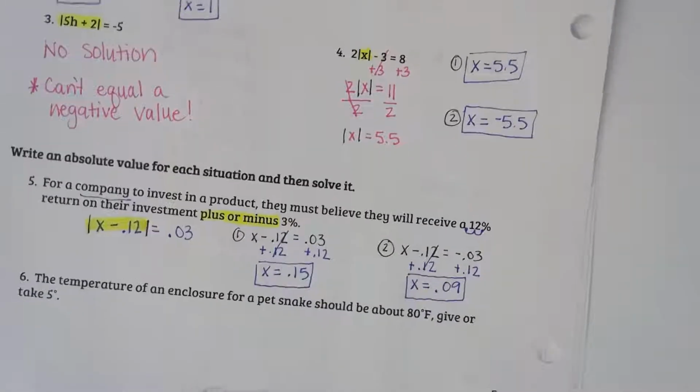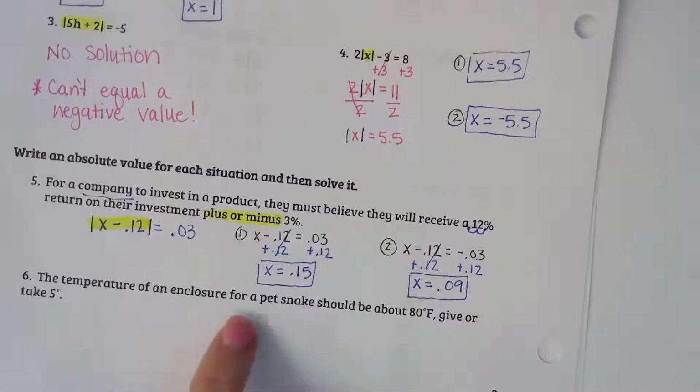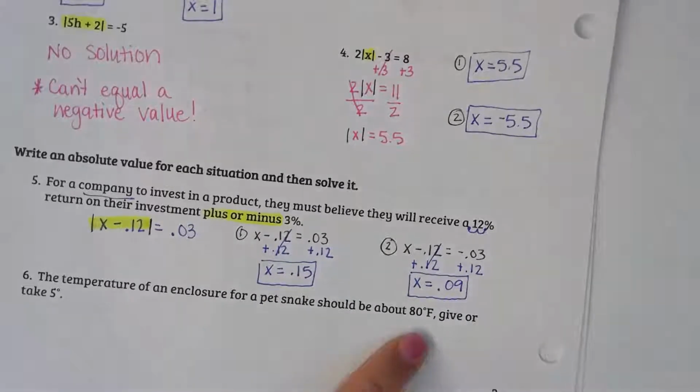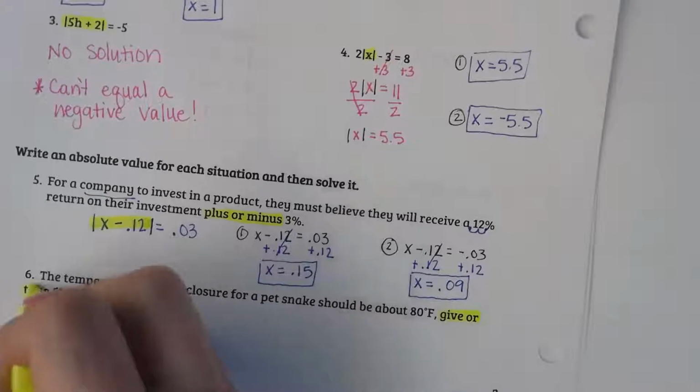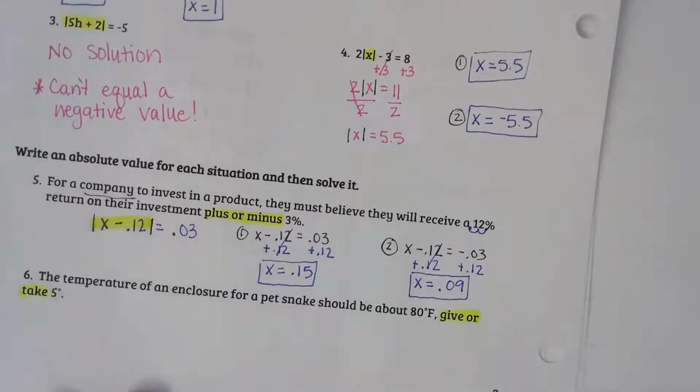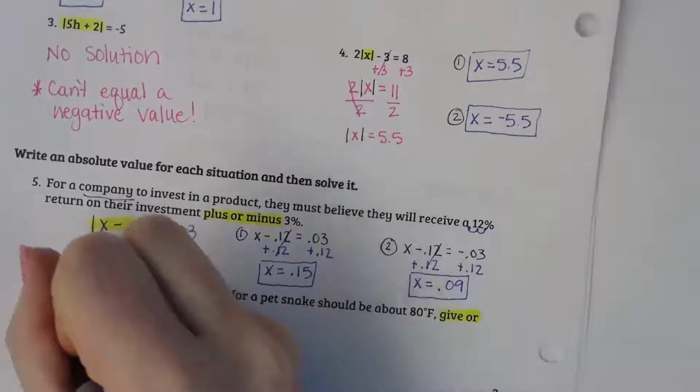Okay. So the temperature of an enclosure for a pet snake should be about 80 degrees Fahrenheit, give or take 5 degrees. So give or take is that plus or minus. So should have our absolute value.